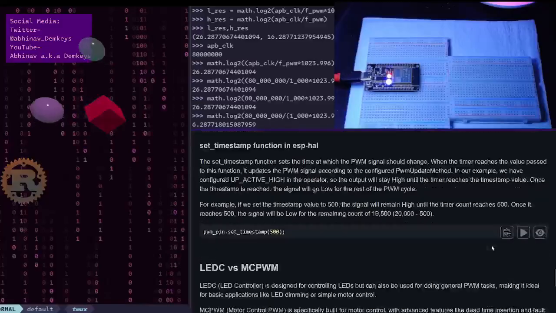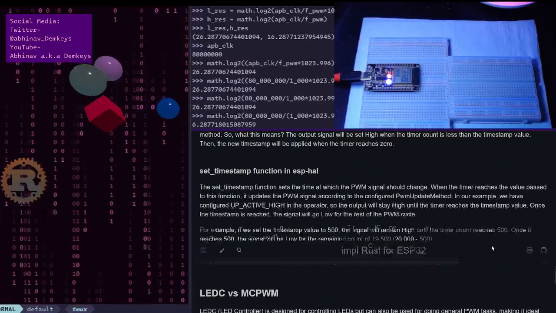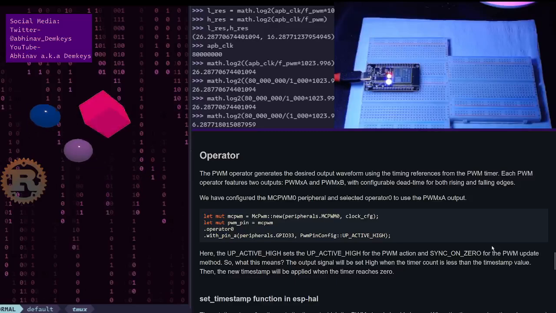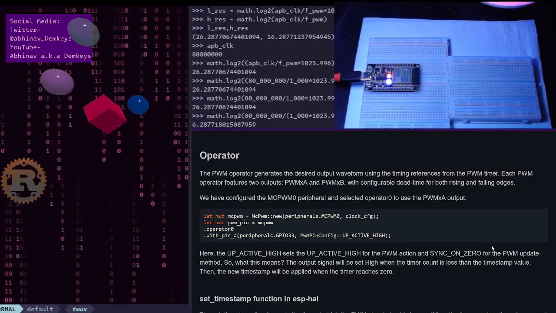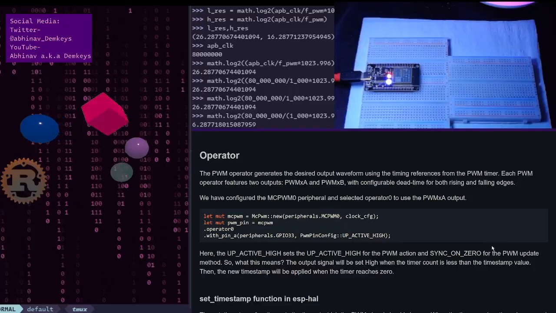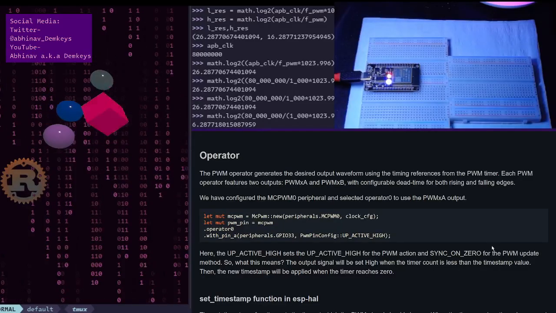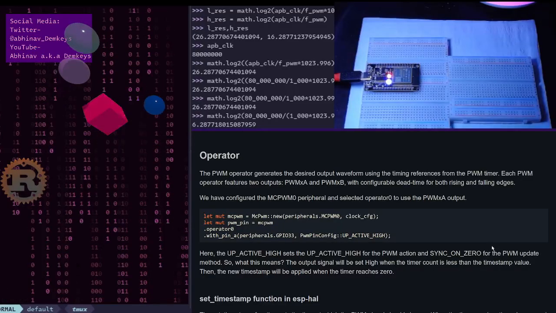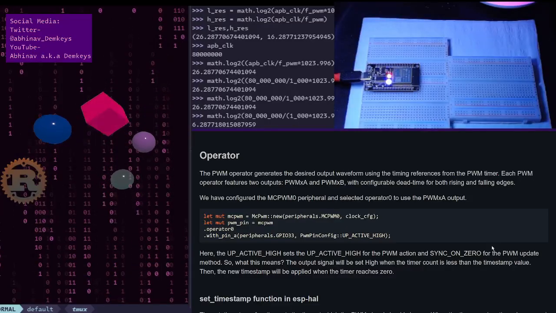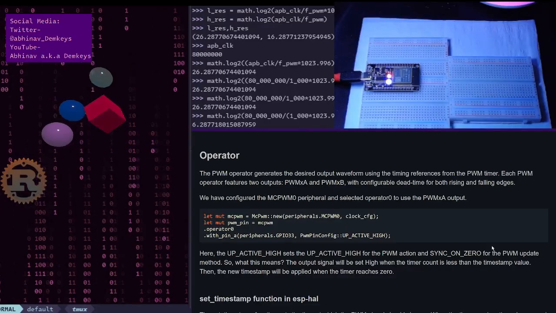Operator. The PWM operator generates the desired output waveform using the timing references from the PWM timer. Each PWM operator features 2 outputs, PWM-A and PWM-B, with configurable dead times for both rising and falling edges.